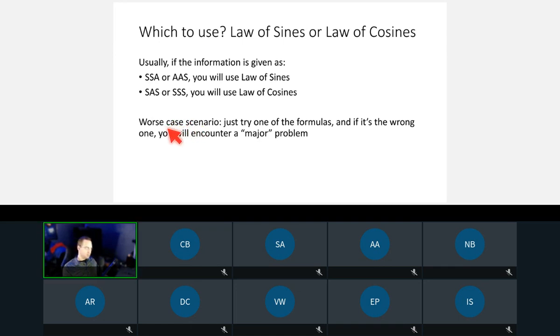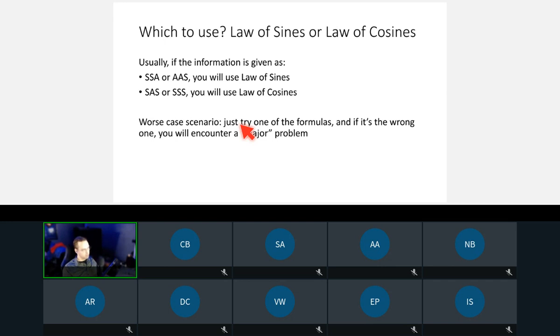And if you're not really sure, you can just go at it with one of the formulas. Just say I'm going to use this one, and then once you try it, you might know. You probably chose the wrong formula if you run into a major problem, and a major problem could be you just can't solve it.